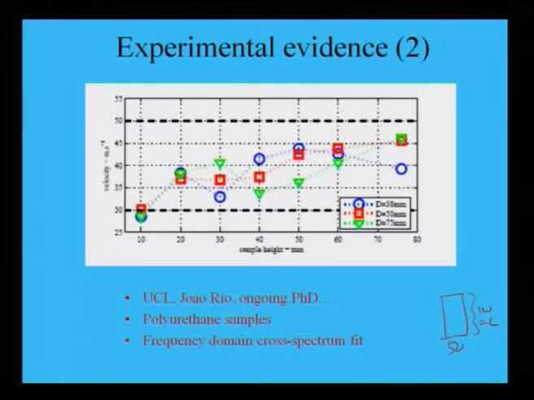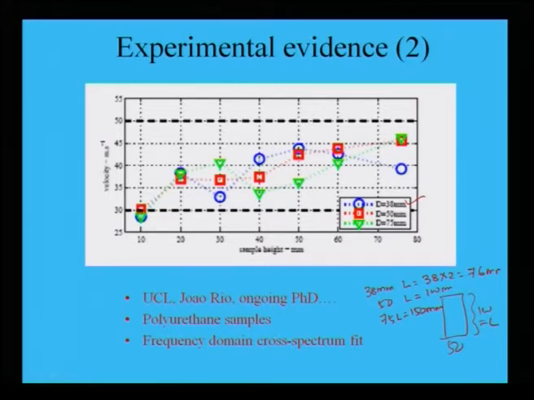Different diameters of sample have been used. A 38 mm diameter means the sample length is equal to 38 into 2, so it will be 76 mm. A 50 mm diameter means length is equal to 100 mm, then 75 means length is equal to 150 mm. Now, sample height in mm with this velocity, this is your experimental evidence 2.